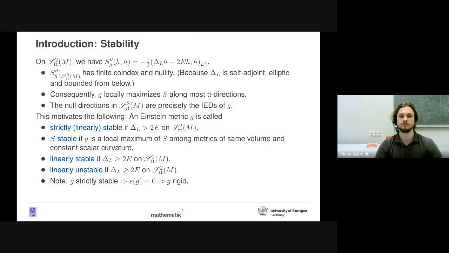So this is possible. We also have to look at the higher order terms in order to rule this out or to study this. So there are not many known results about S stability as far as I know.